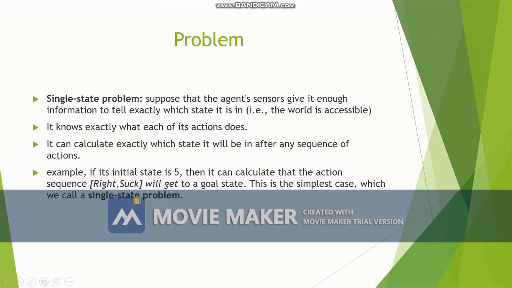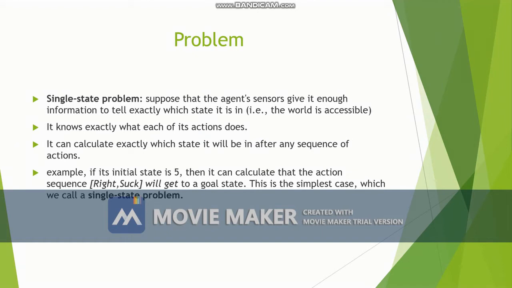It knows exactly what each of its actions does, and it is able to calculate what the next step will be. So in simple words, it has information about the current state, and it knows exactly what action needs to be taken in order to go to the next step.